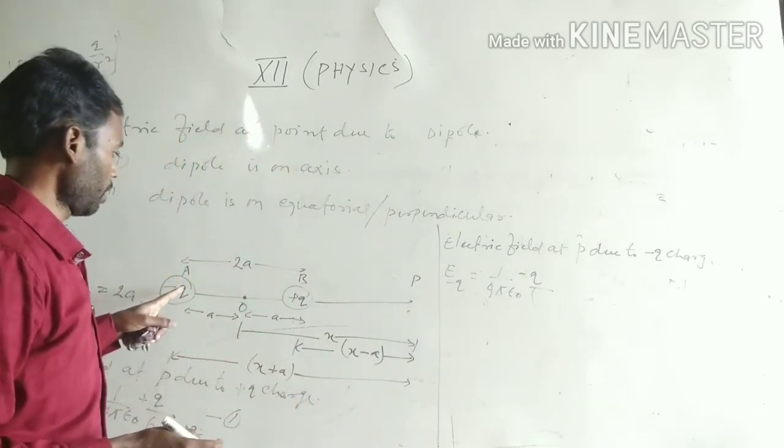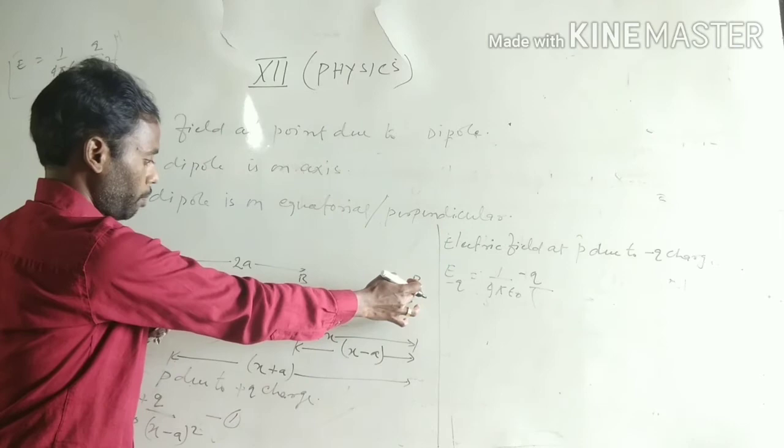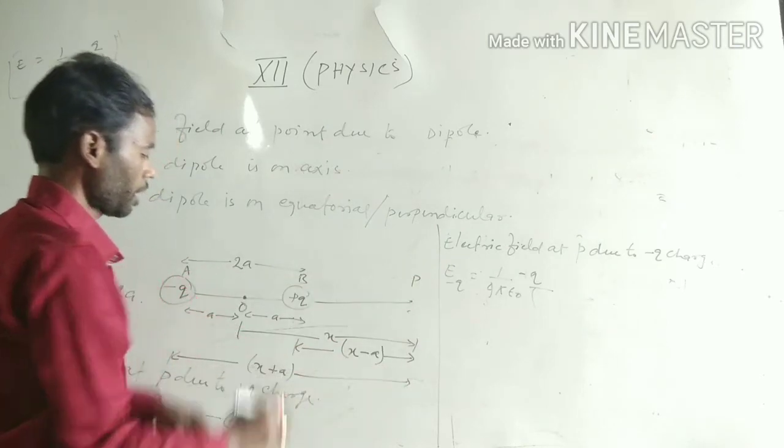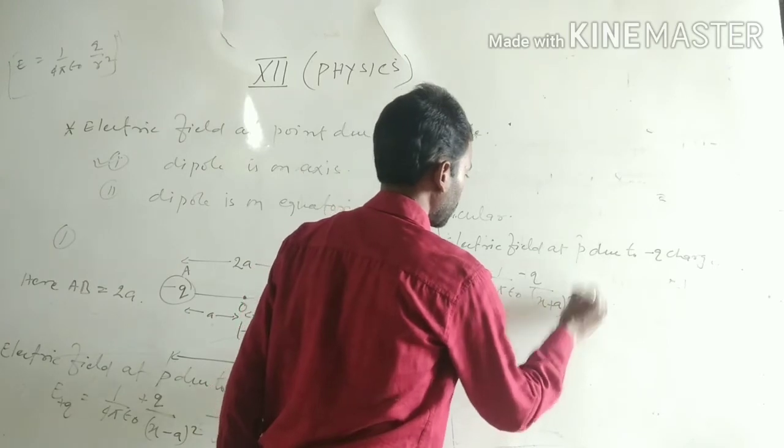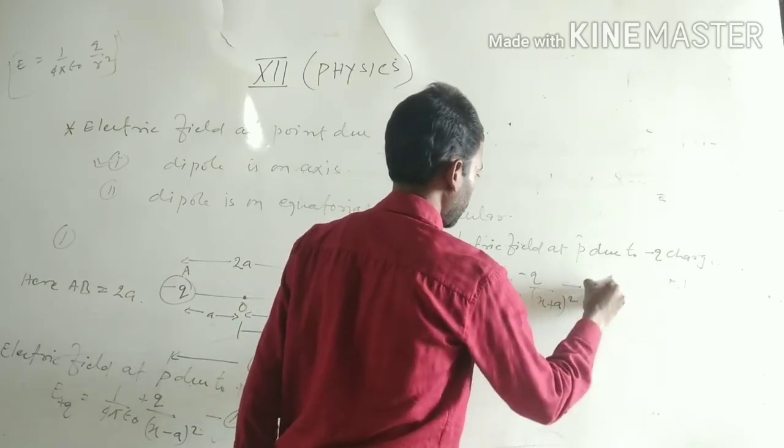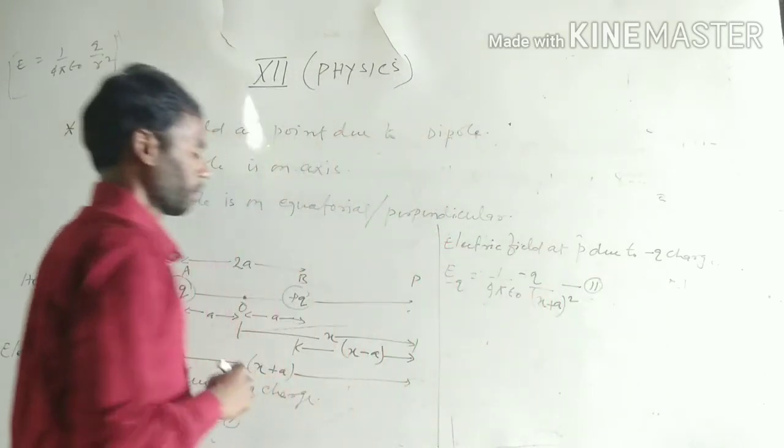Now we take point A to point P, the distance is x plus a, whole square. This is equation number 2.